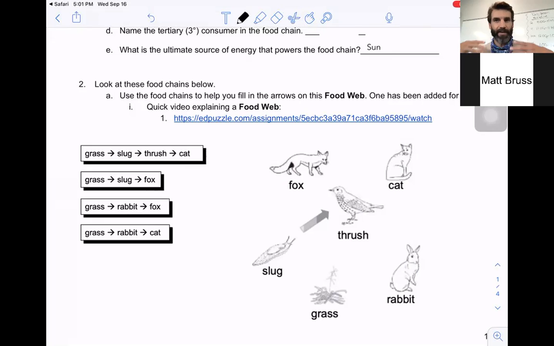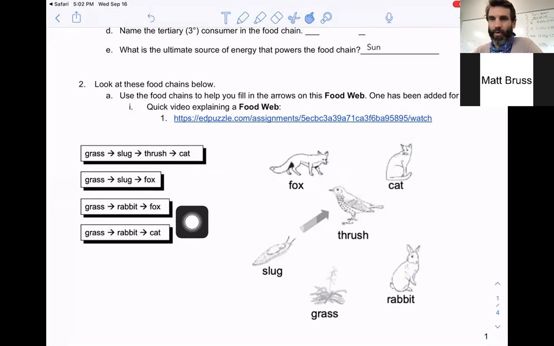What's the best way to present that information in a compact way that yet contains a lot of detail? You might not want to just have this full list of food chains, because if it was a really complex ecosystem, this might get to be a long list, and it's kind of hard to interpret all of it. There's too much repeating of itself.